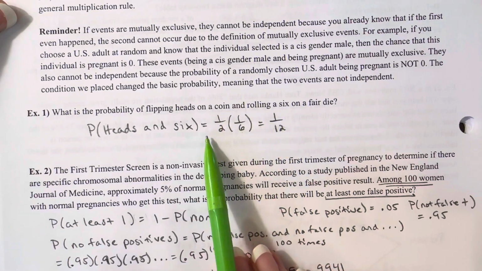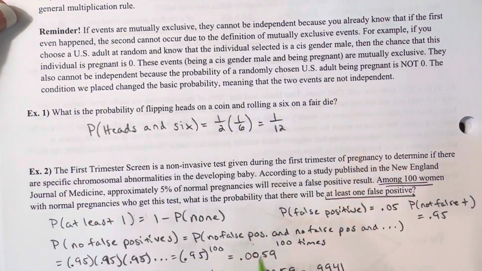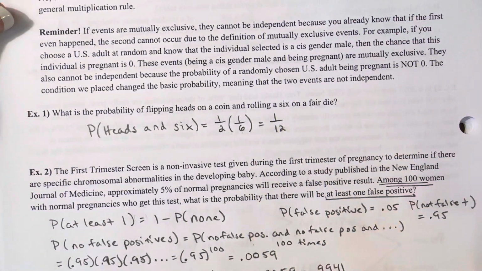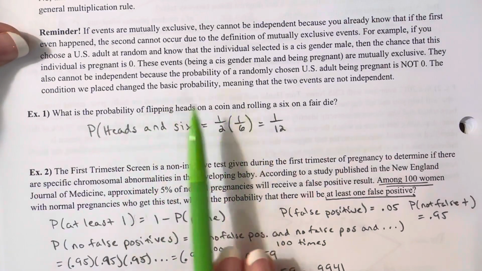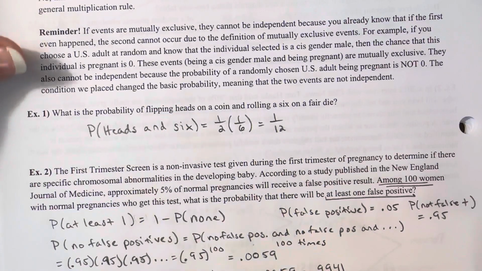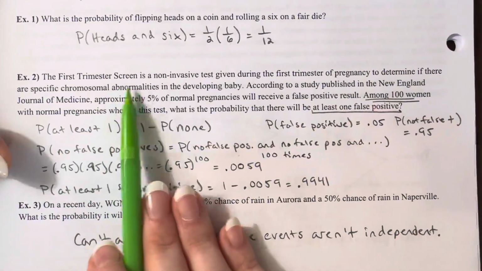When you multiply fractions, you multiply straight across. 1 times 1 is 1. 2 times 6 is 12. The probability is 1/12. You don't have to try to find a conditional probability because these two events are not conditional. They are independent.